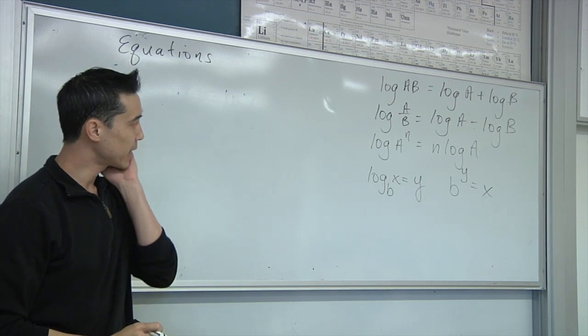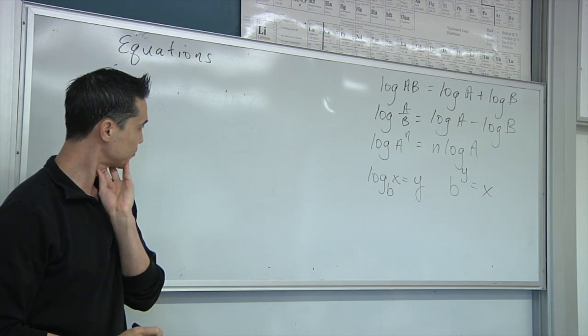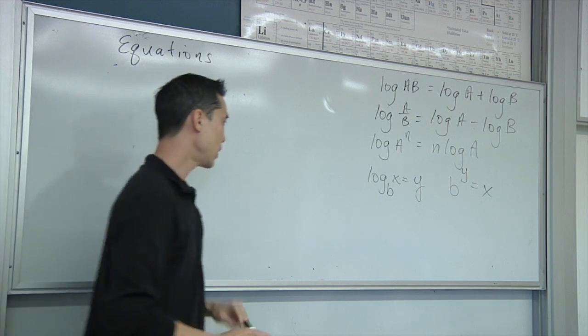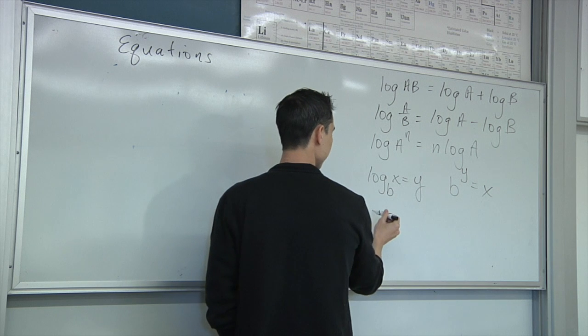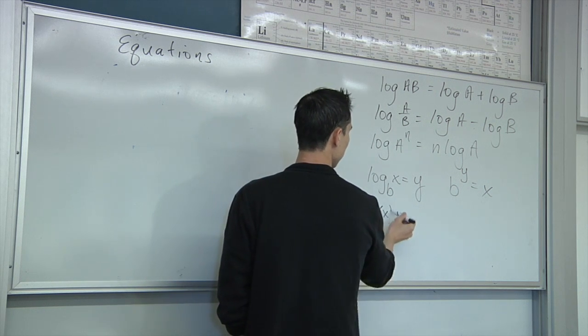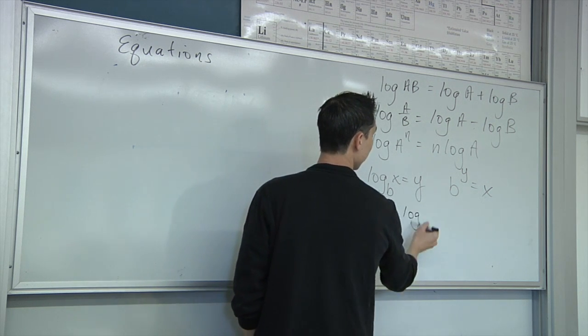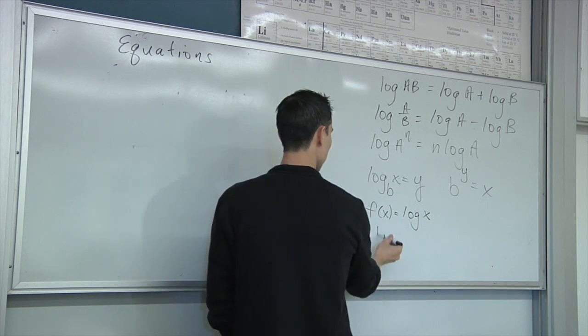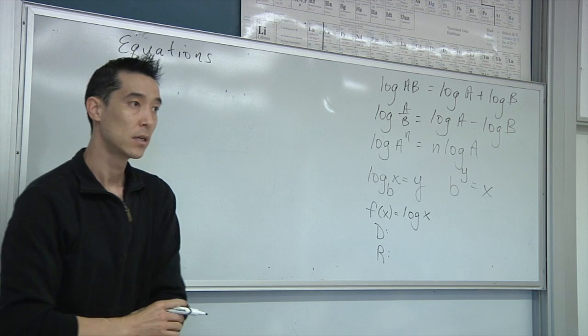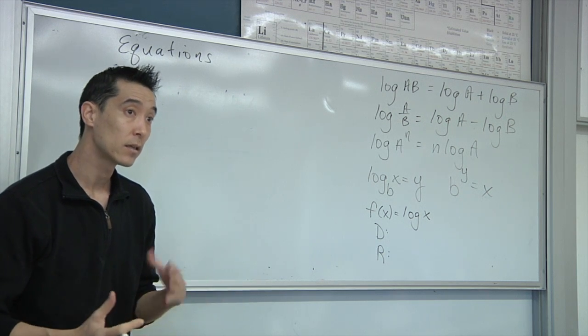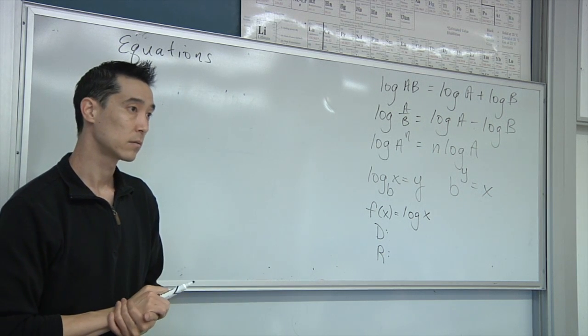Let's add a couple more things that you need to know. Number one is, what's the domain and range of the log function? This is from a few sections ago when we did the graph, so you need to know what the graph looks like.